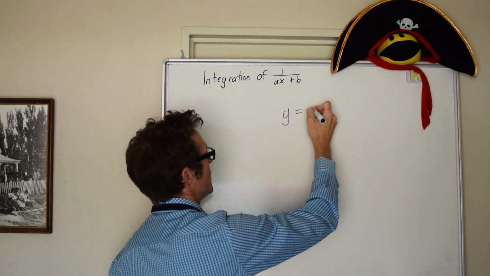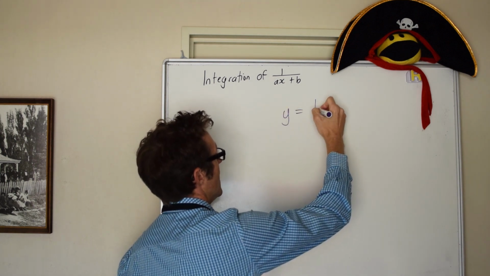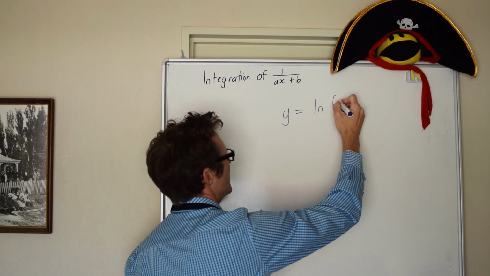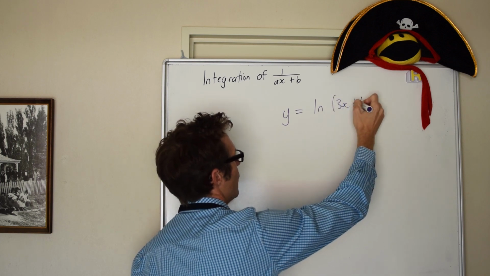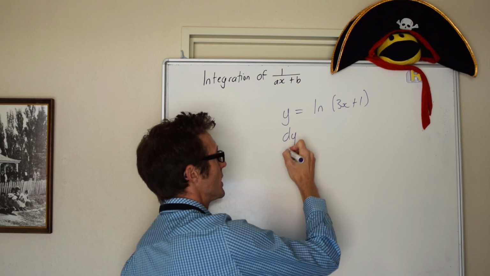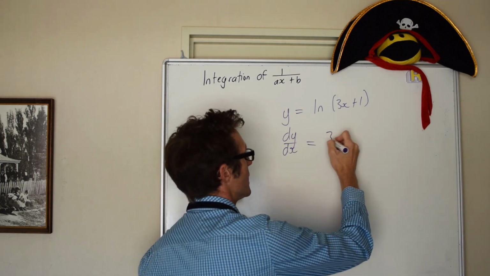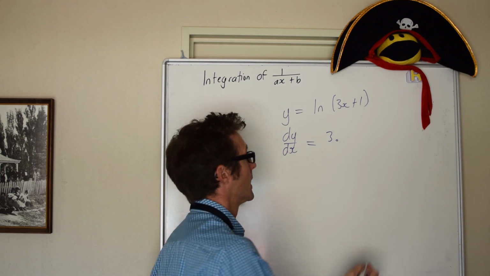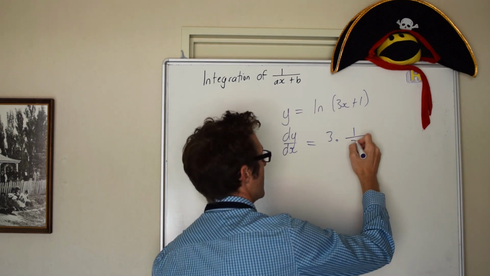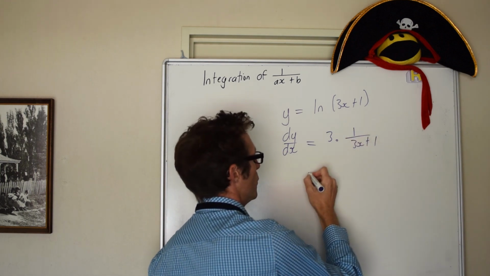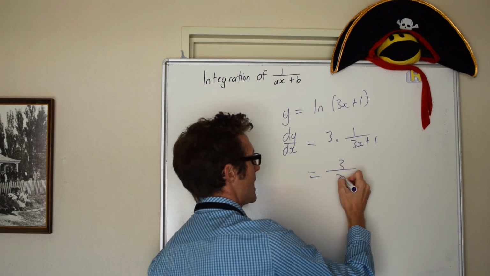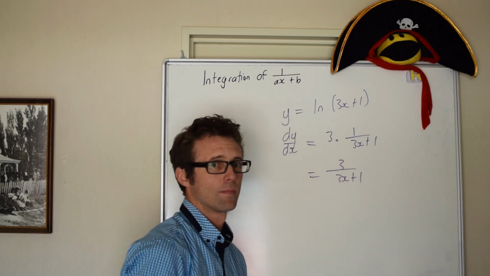Let's say y is equal to ln 3x plus 1. And when we differentiated this, we found that we were going to have 3 multiplied by 1 over 3x plus 1, which is equal to 3 over 3x plus 1.